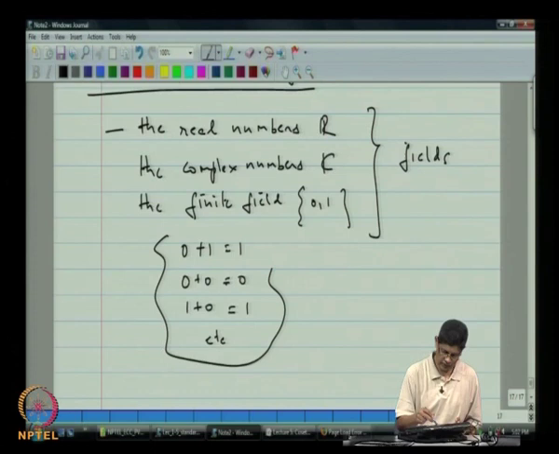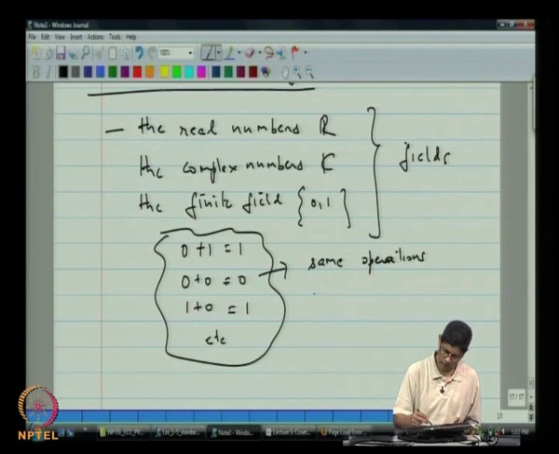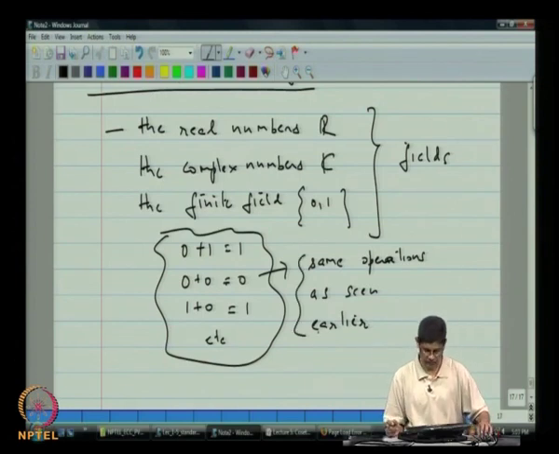So, under these same operations as seen earlier. Okay. So, these are all examples of fields.